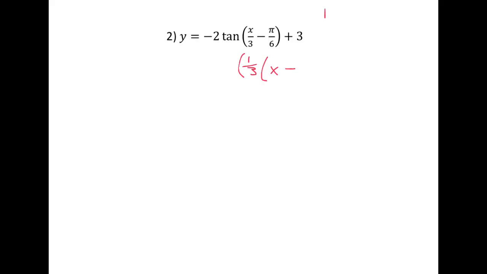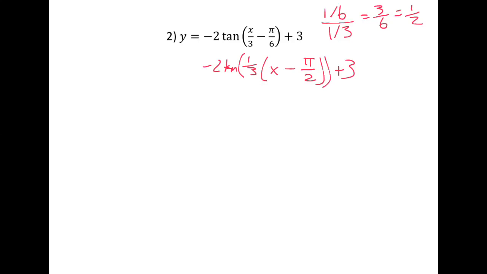Well, we took 1/6 and divided it by 1/3, which is to say we multiplied it by 3, so we get 3 over 6, which is 1/2. So we get x minus pi over 2. Close that off. We're still adding 3 to it, and it's still a -2 tangent function.